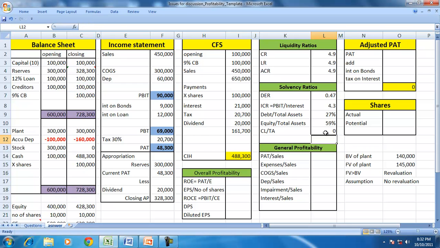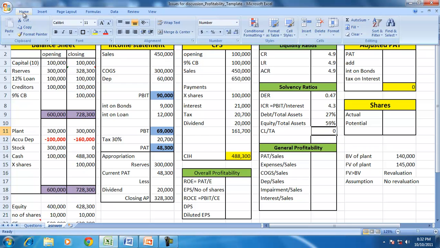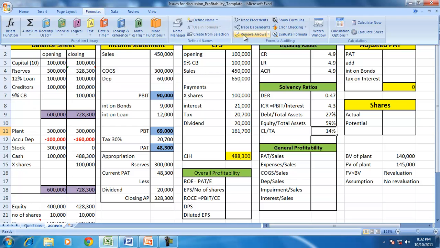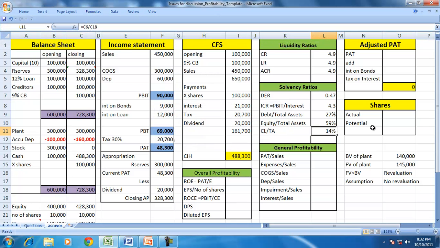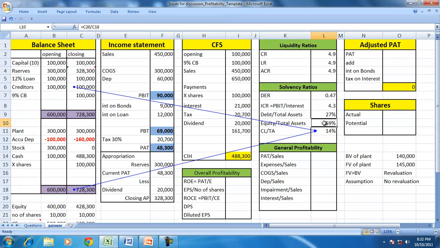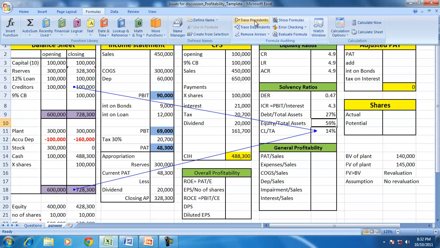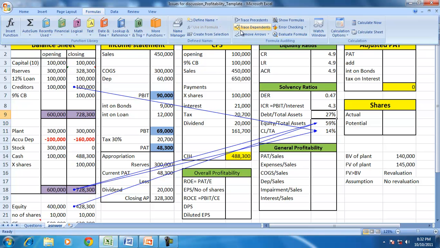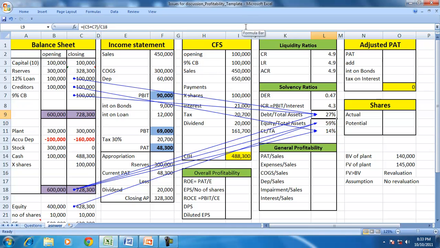Balance is coming from the current liabilities, and so 14% of the assets are financed by current liabilities. 59% is financed by equity, and 27% of the assets are financed by the long-term debts, which consist of the loan and the bonds.